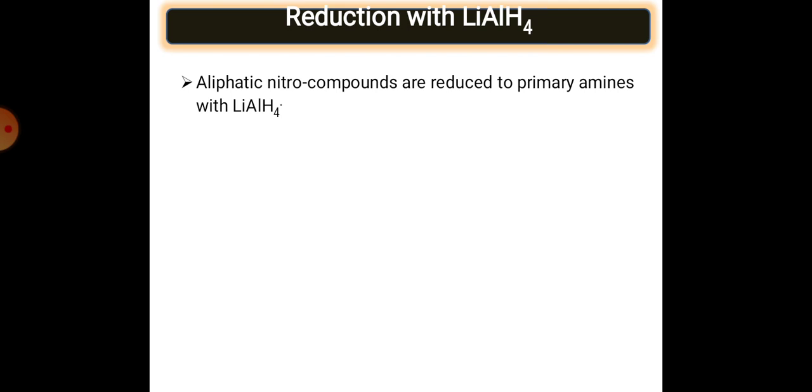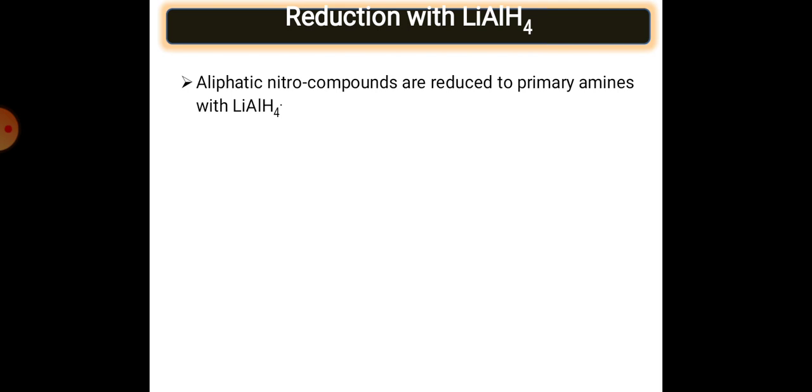LiAlH4 is an example of a metal hydride complex. It has the ability to give hydride ion, that is H negative ion, not H plus. Keep in mind, LiAlH4 is a strong reducing agent. It gives the H negative ion, and nitro compounds are directly converted into the amine.